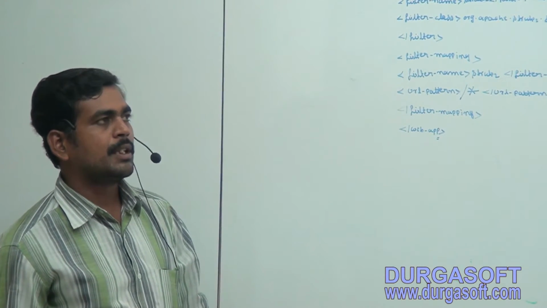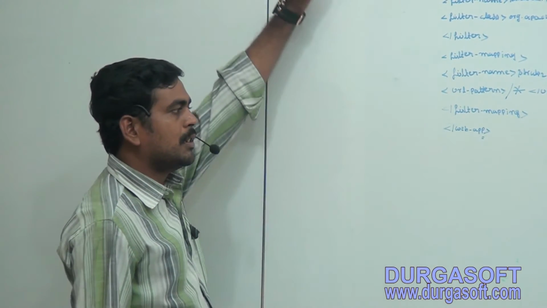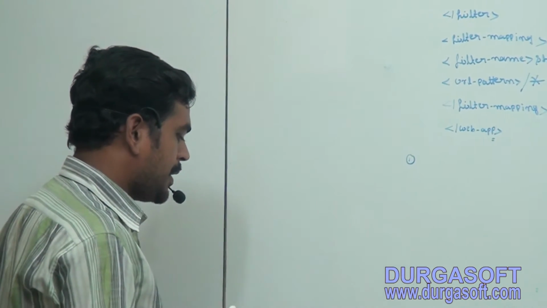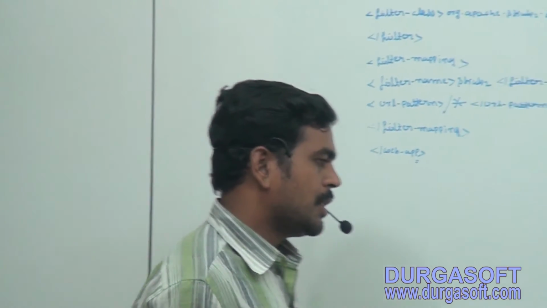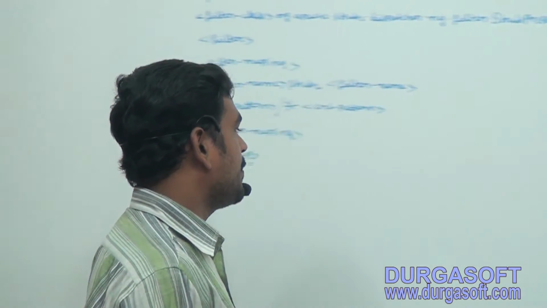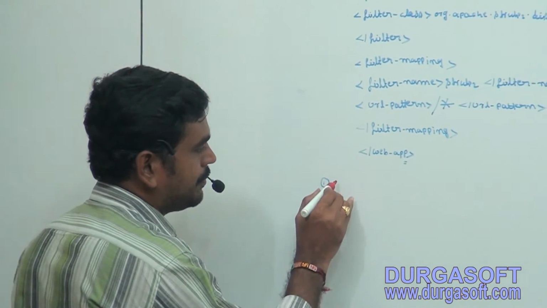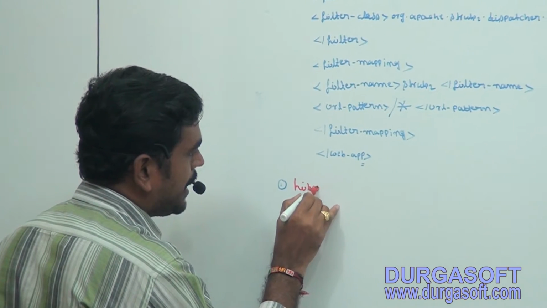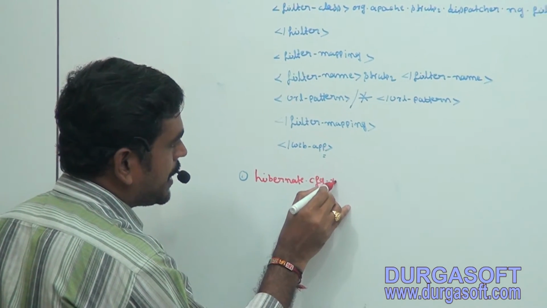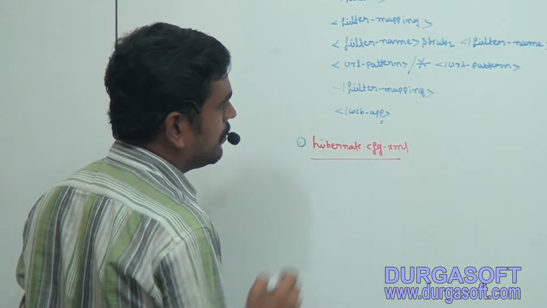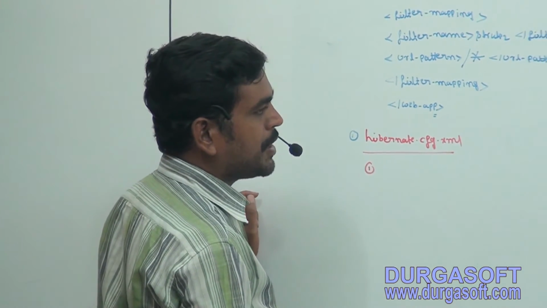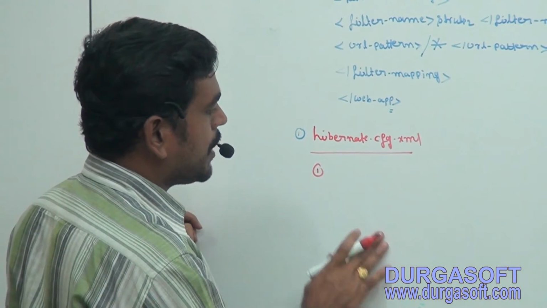After that, we have to develop the Hibernate configuration file. How to develop it? It is hibernate.cfg.xml. Under that, first we can pass the connection properties.